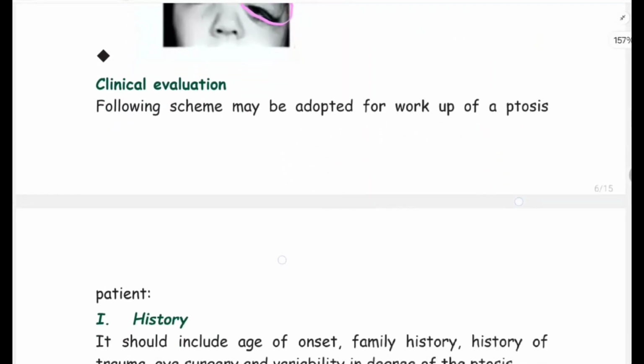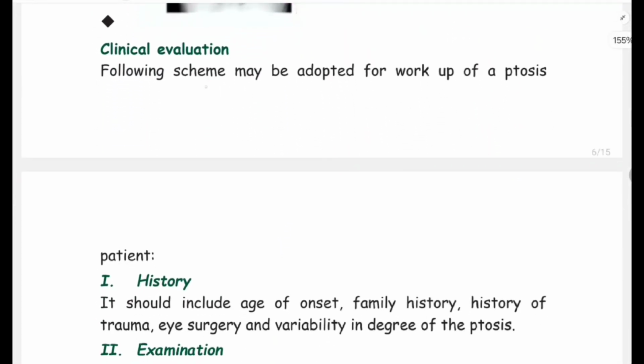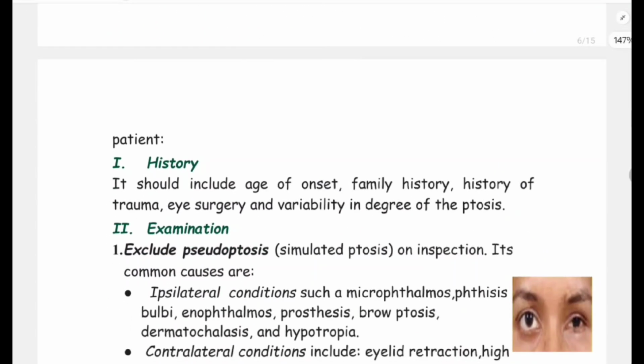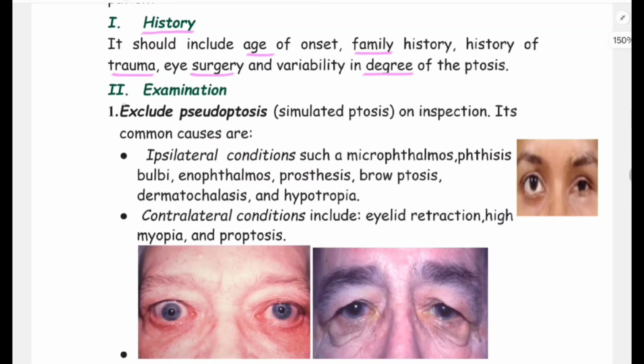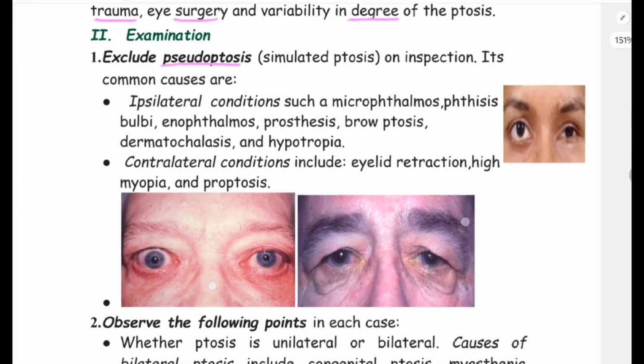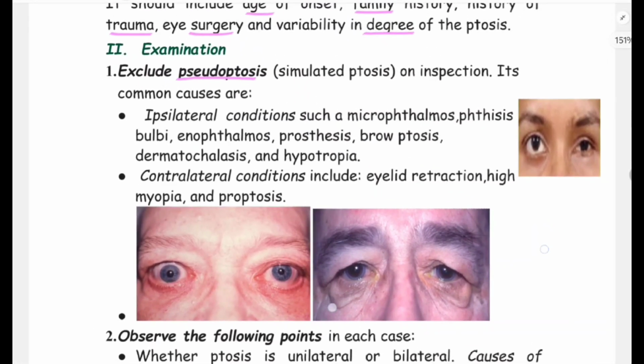Now, coming to clinical evaluation, the following scheme may be adopted for the workup of a ptosis patient. First one includes history. History should include age, family history, then history of trauma, surgery, and variability in the degree of ptosis. Now, coming to examination, we should initially exclude pseudoptosis. That is, on inspection, it's the simulated ptosis we should see.